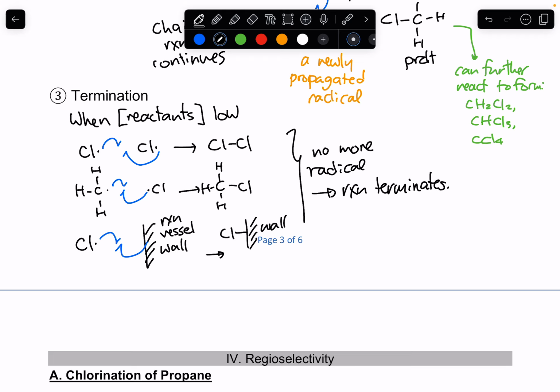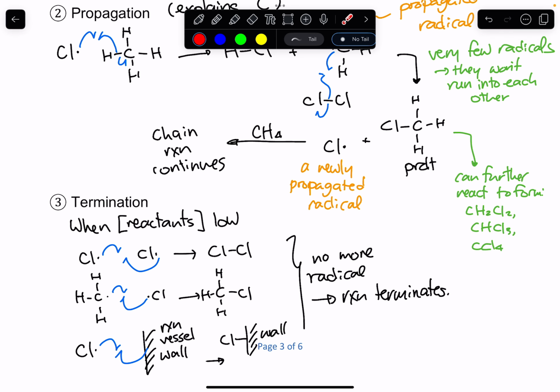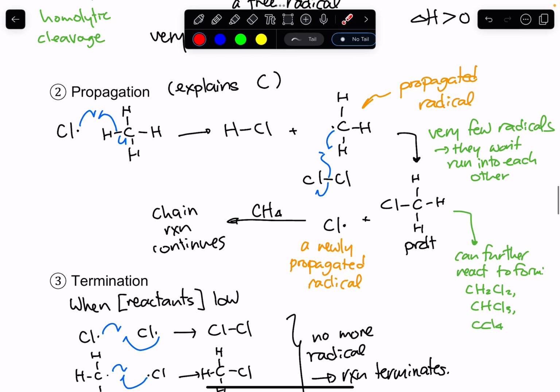Now, what I've seen that's a common mistake with students is that they show the termination reaction as the second step, or a propagation step. The majority of the reaction must be happening through this propagation step, where a radical is reacting with a non-radical, radical is reacting with a non-radical. That needs to keep going.